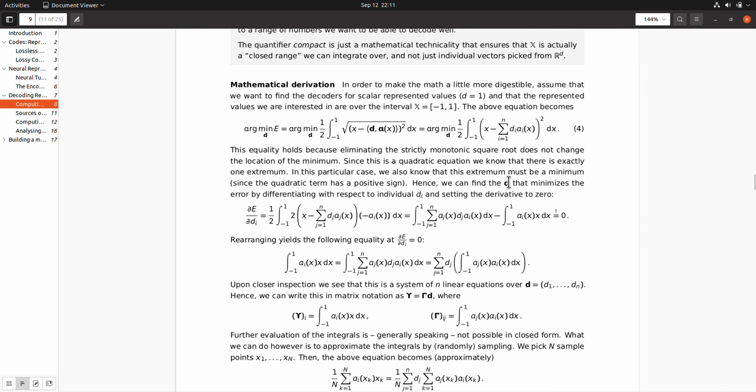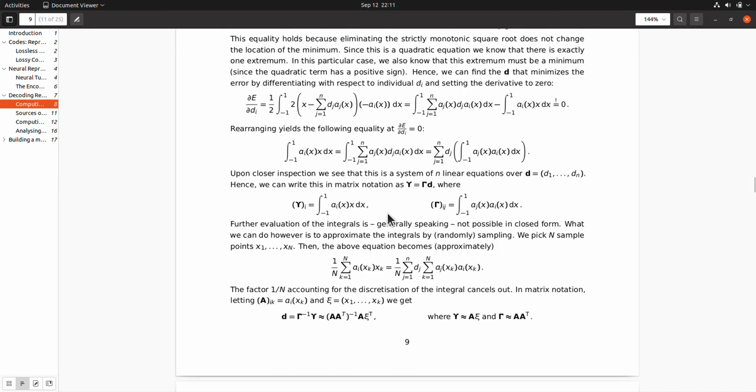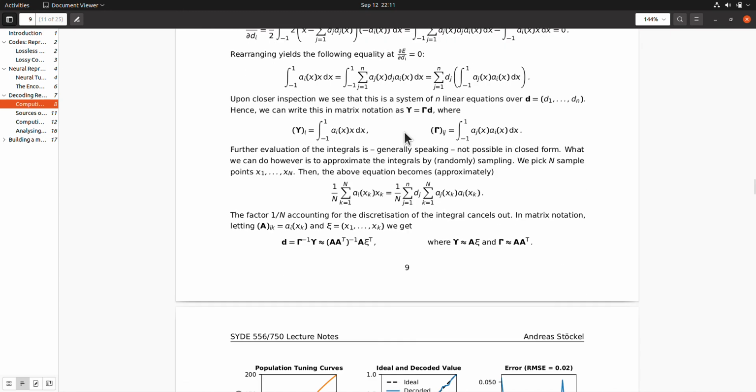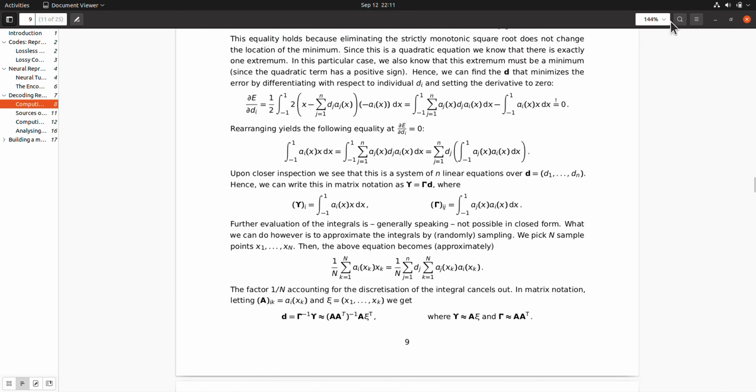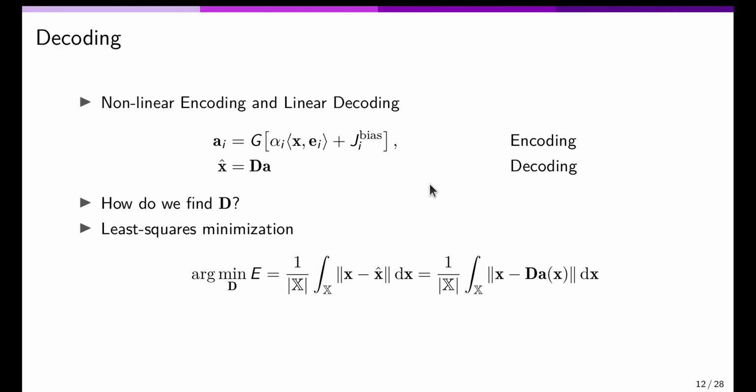Because you know that it's a quadratic equation, it has one minimum, or sorry, one extremum. So all you have to do is take its derivative, set the derivative equal to 0, and then solve. So we go through that process. Notation gets a little bit ugly, but the details are there. I'm going to go back to the actual course right now.